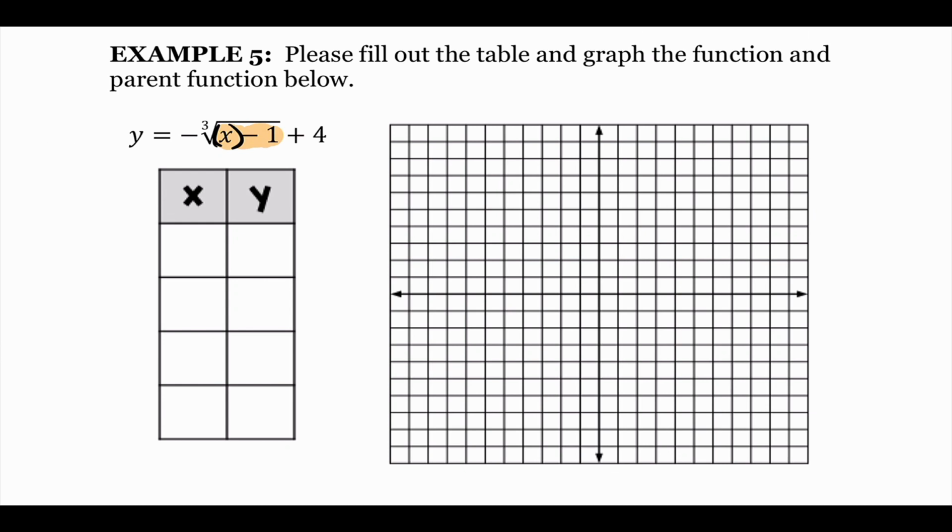In the orange, underneath the root, I have a -1 with it. So I want to make -8, -1, 0, 1, and 8. That's what I want to make. So what number do I plug in to make -8? -7, right? If I plug in -7 there in the orange, it's going to make -8.